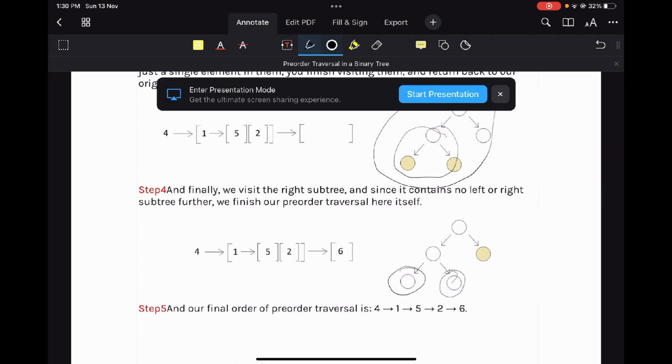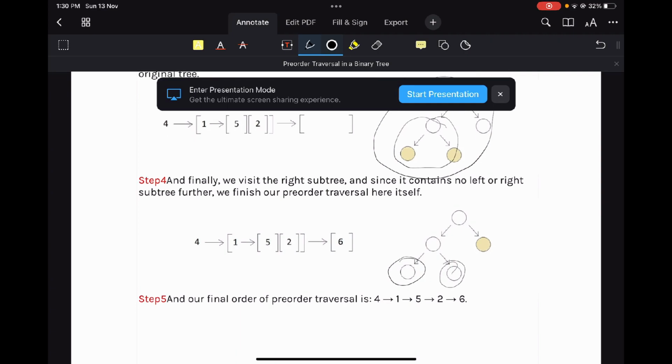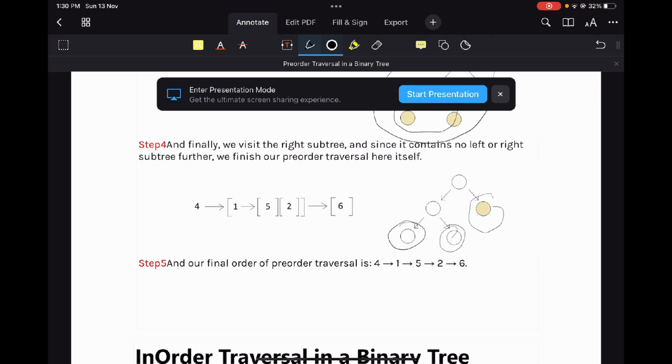Now since all the base nodes are covered, we'll cover the remaining nodes moving right. Since there's only one node left, we'll cover 6 as well, covering the complete tree. So the traversal order would be 4, 1, 5, 2, 6, which works similarly for all other trees.